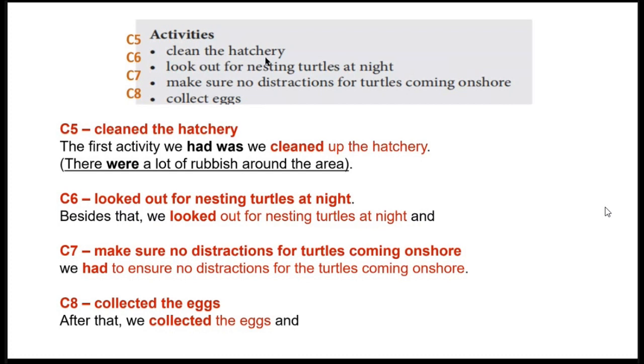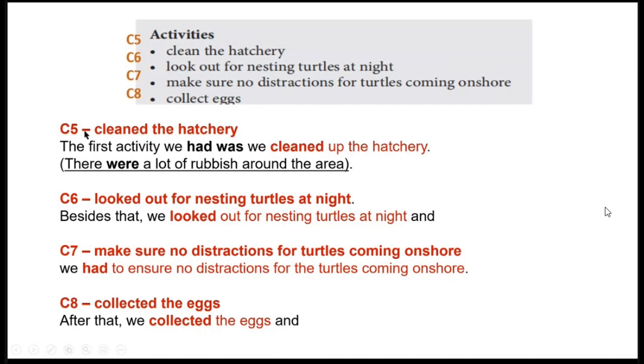So you must elaborate the points, even though it's just a few sentences like this, a few words. Besides that, look out for nesting turtles at night. So if you just have, besides that, this is an elaboration in the right sentence. Okay? And then you have collected eggs. After that, we collected the eggs, and then you continue with the next points.